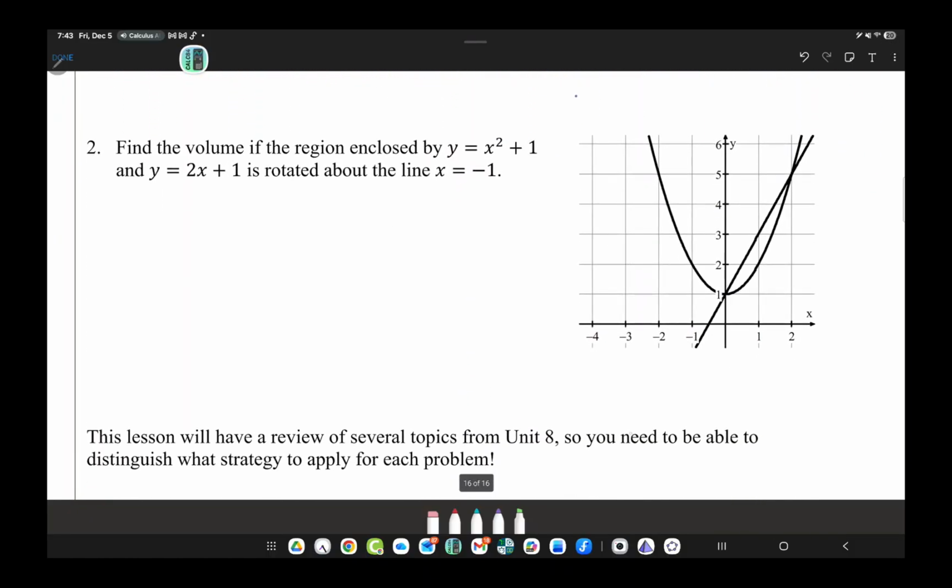All right. So here we are revolving this around the line x equals -1, which is this line here. Now this makes it really fun to actually draw that line.